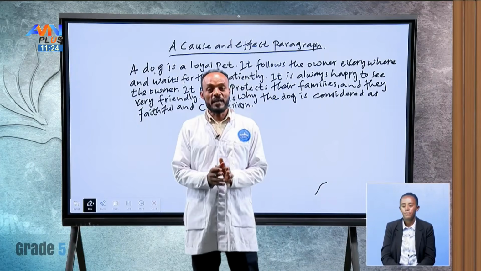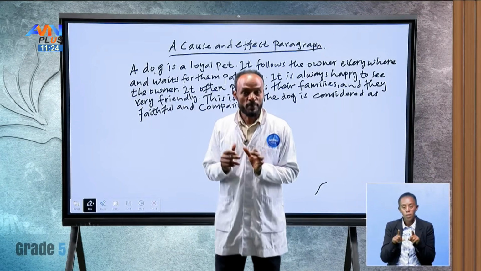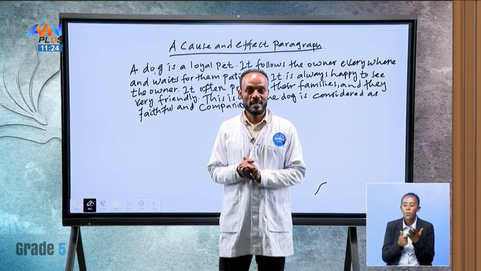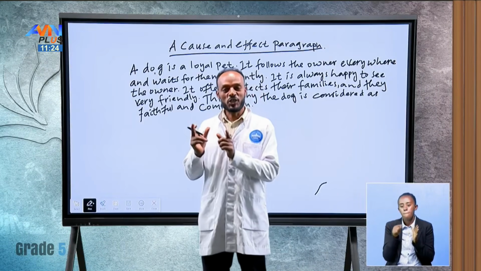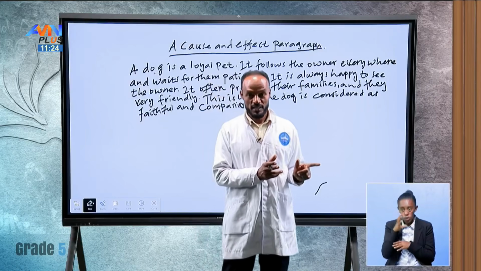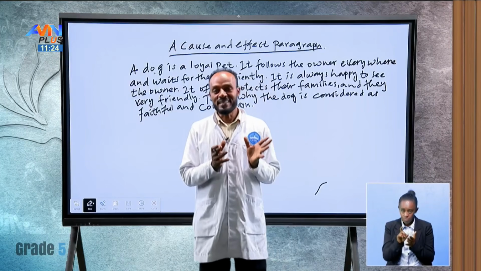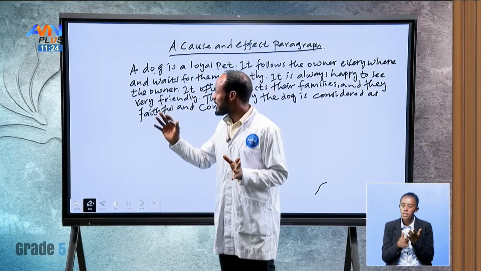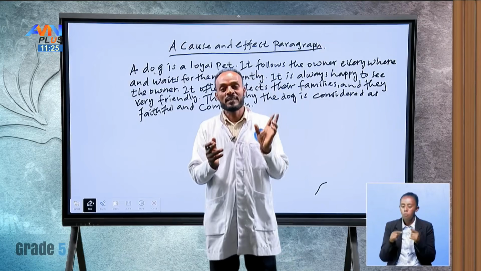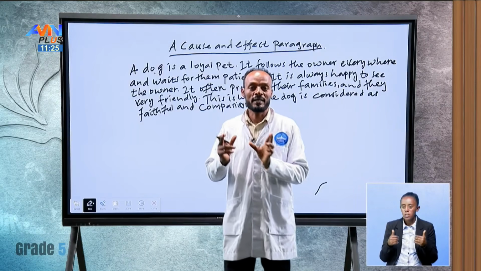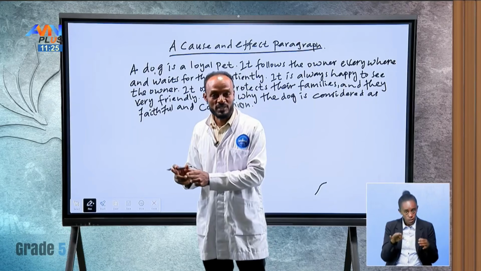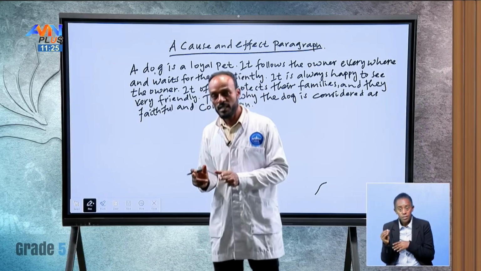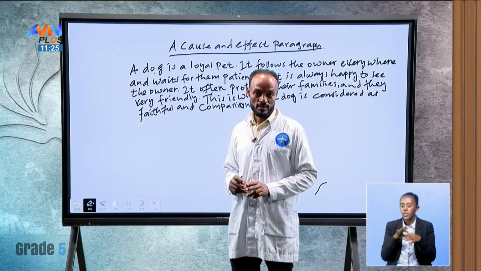So here, when we're talking about sentences, I raised 2 points. These are cause and effect, isn't it? So in this paragraph, we are going to identify the concepts of topic sentence, supporting sentence, and concluding sentence.